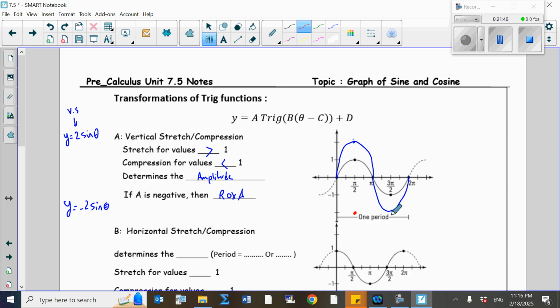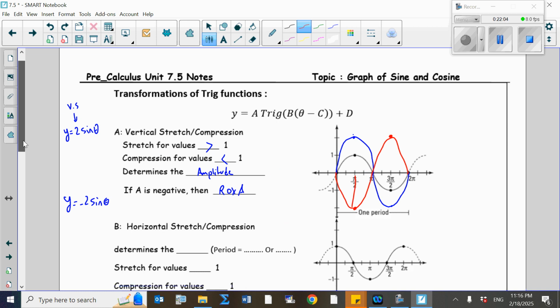The low point will be reflected and it's going to be a high point. So now the graph is going to be stretched by a factor of 2, and also it will be reflected over the x-axis. So the negative is just reflecting your function. It's not going to change the value of the amplitude. So the amplitude is still 2 here.